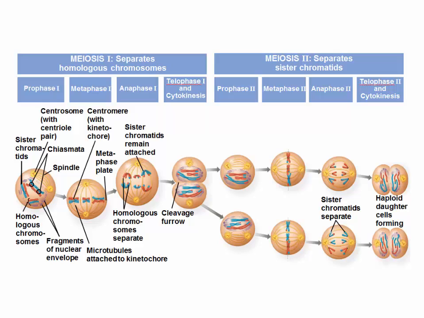So to sum it up, here we have the whole cycle. In meiosis 1, what happens? The homologous chromosomes separate. If you start on the left-hand side, what you see are sister chromatids and homologous chromosomes. They're just there. The nuclear membrane is disappearing.